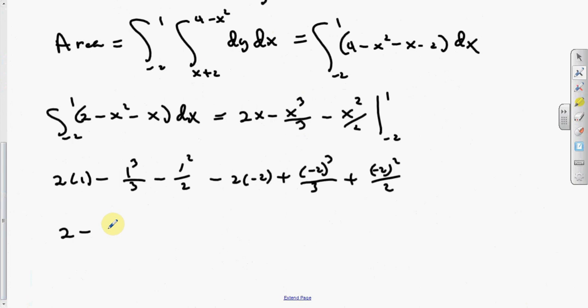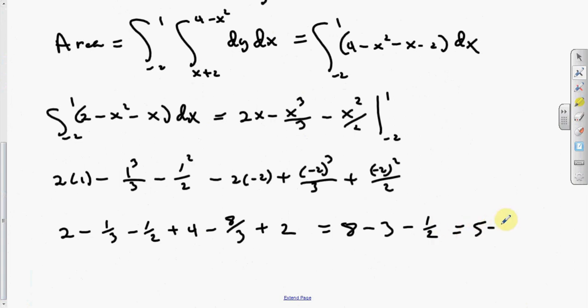So this is 2 minus a third minus a half plus 4 minus 8 thirds plus 2. So the 2 and 4 and this 2 is 8, and we have minus 1/3 minus 8 thirds is minus 9 thirds, so just minus 3, and that's minus a half, so it's just 5 minus 1 over 2, 9 over 2.